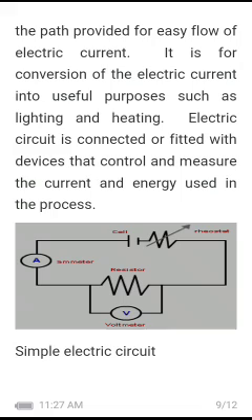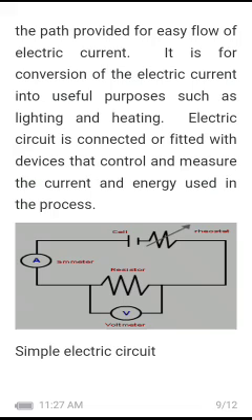An electrical circuit is connected and fitted with devices that control and measure the current and energy used in the process. So you can see there, the ammeter is there to measure the amount of current that flows, and the voltmeter is also there to measure the voltage.